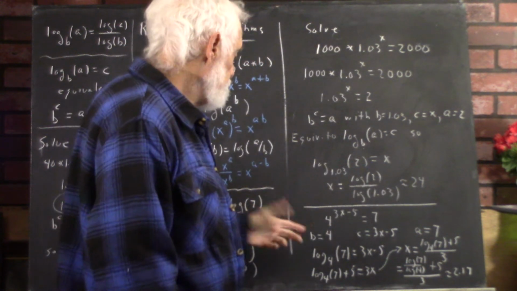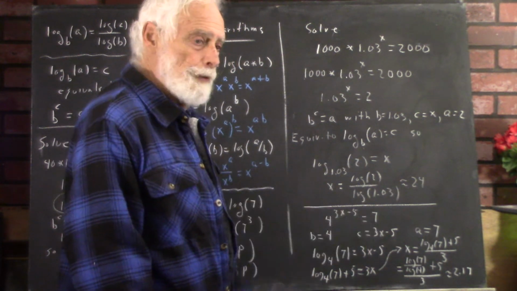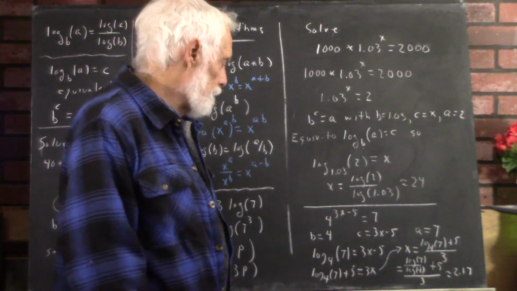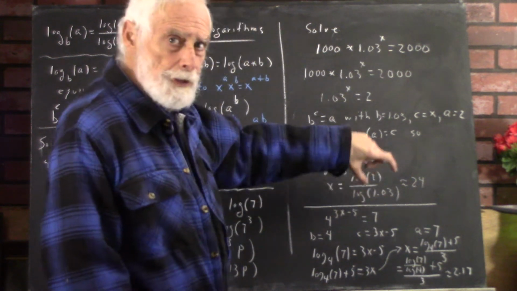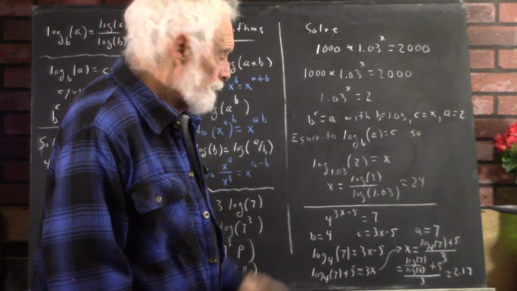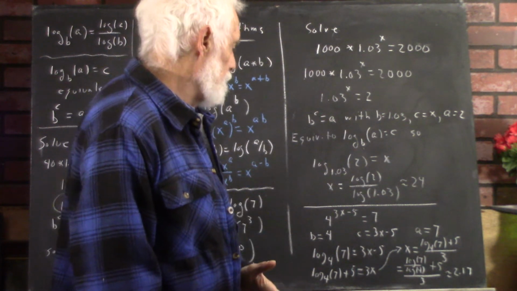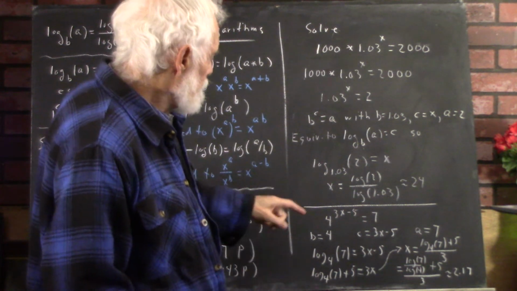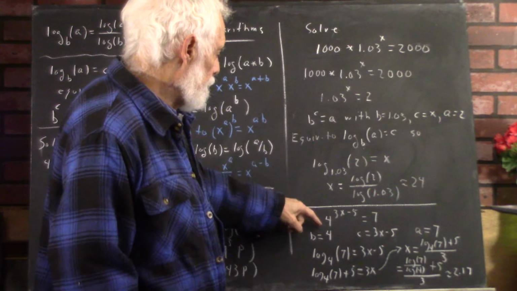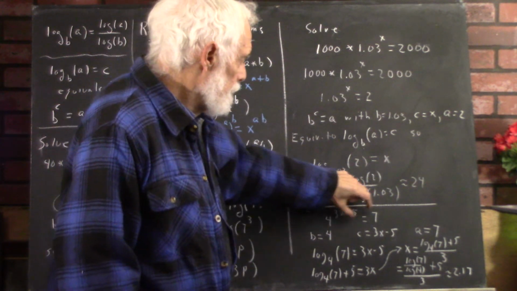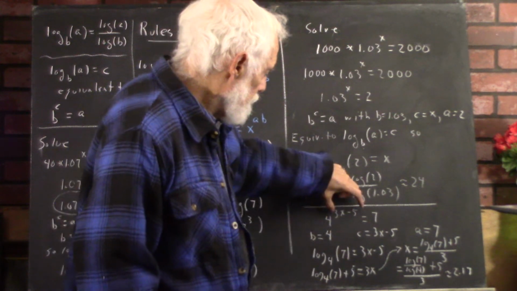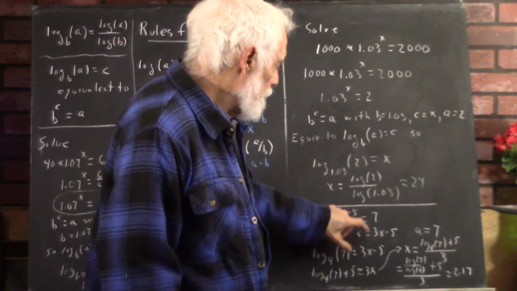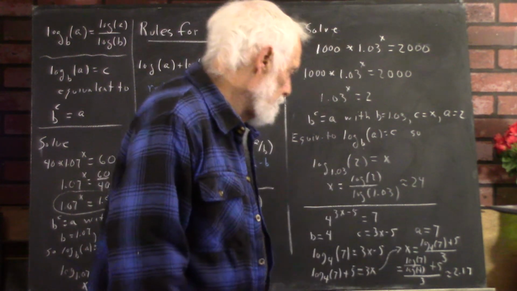Another example, 4 to the 3x minus 5 equals 7. Equation we want to solve. Again, we see that our variable's in the exponent, making this an exponential equation. We want to convert it to a logarithmic equation, so we see this is in the form b to the c equals a. We identify b here, we identify c here, and we identify a over here.